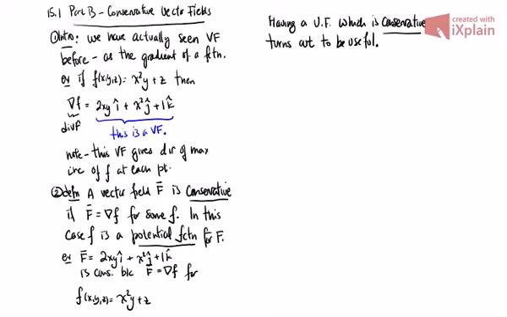As a consequence, if you're just handed a vector field, you might want to know, is it conservative? Consequently, if big F is given, how can we know if big F is conservative?